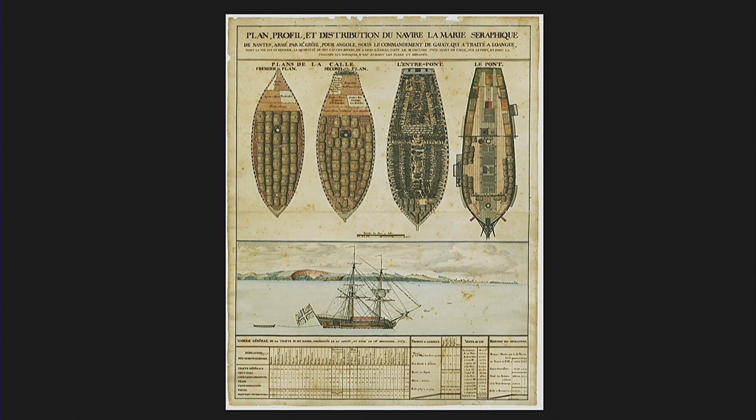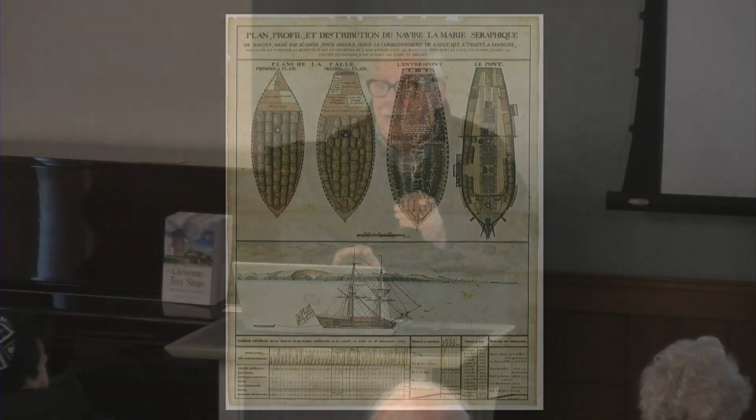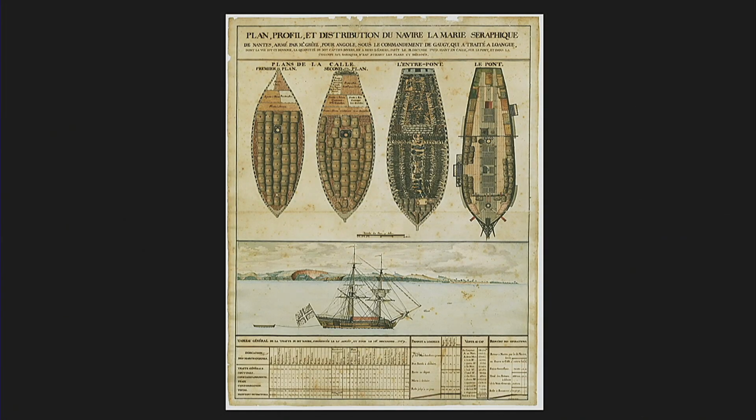And in that way, we began to realize that even the French began to show this deck-by-deck plan of a slave ship. Now, on the left-hand side would be the most bottom of the decks, and it's actually filled with barrels, cheek by jowl. The second deck was again filled with barrels, cheek by jowl.